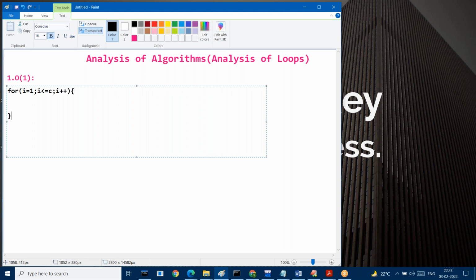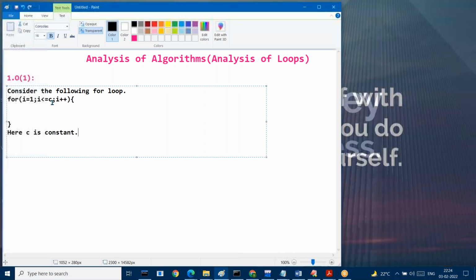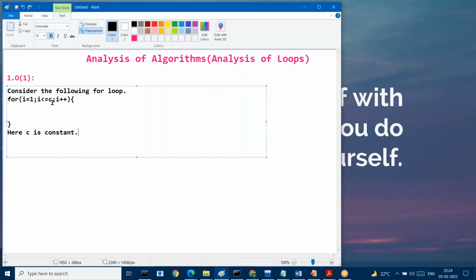This is my for loop. Most important point here is c is constant. Constant means simple, sir. A loop will rotate for exactly 5 times. Not like n, where the n value will vary. Sir, maybe 5, maybe 7, maybe 80, maybe 90. No, no, no. It's not a variable, it's a constant.